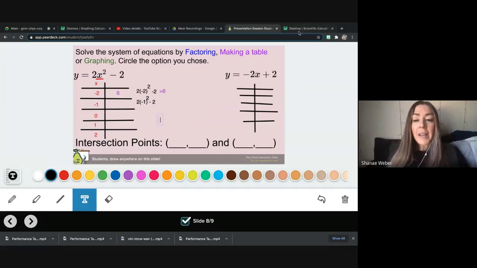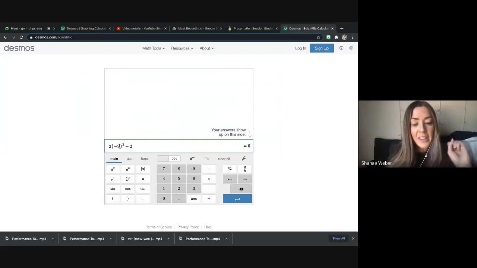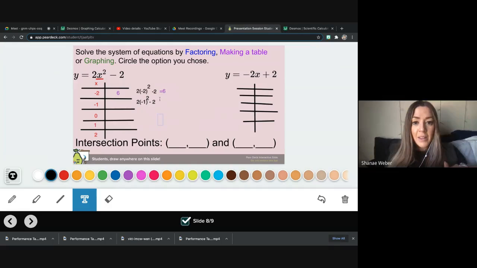So when I go back to my calculator, I don't need to retype that whole thing out. I can just change this to -1, and I get 0 as my y value. So on my y value, I'm going to put 0 for -1.